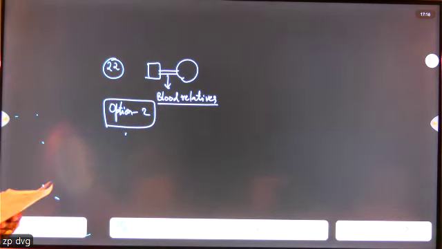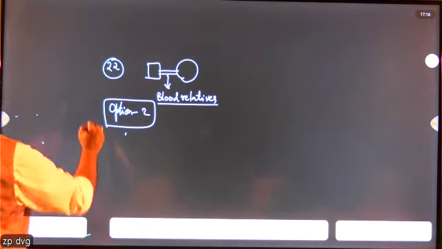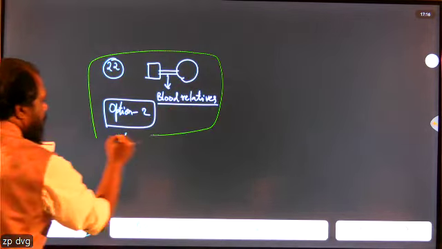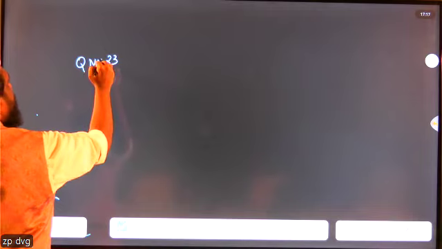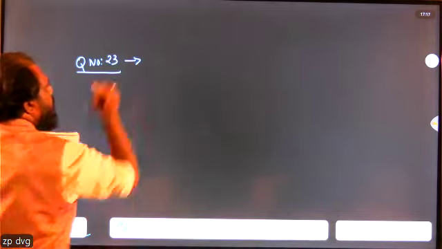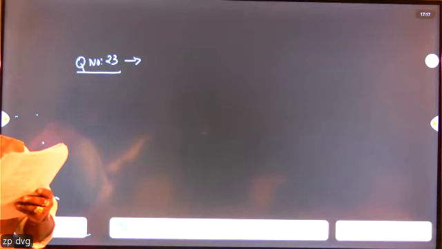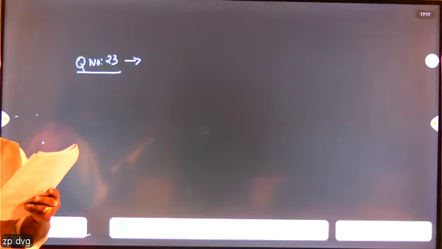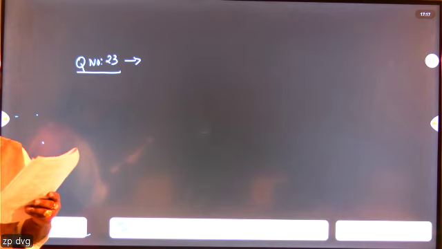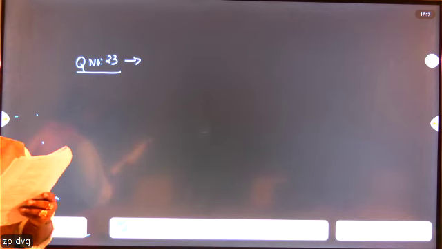Okay. Question number 23. It's a long question, but it's a very easy question. If you read, you will understand it better. The concept is simple. Three copies of chromosome 21 in a child with Down syndrome have been analyzed using molecular biology technology to detect any possible DNA polymorphism with reference to different alleles located on chromosome 21.